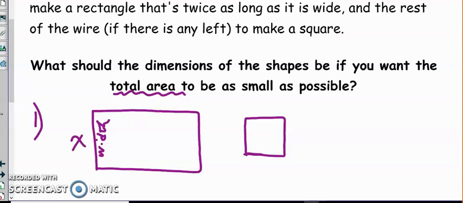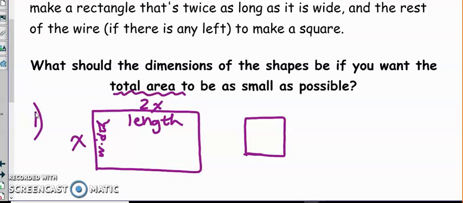And our length right here says it's twice as long. So we can't use two different variables here, like x and 2y, because that's not the same length. We have to make sure it's twice as long as the width. So if the width is x, that means the length has to be 2 times x.